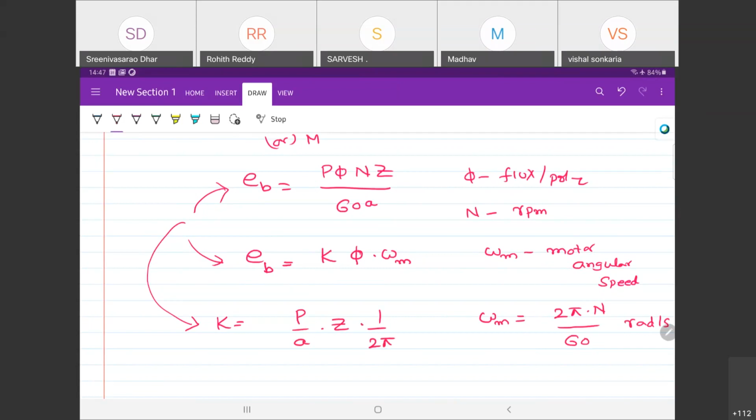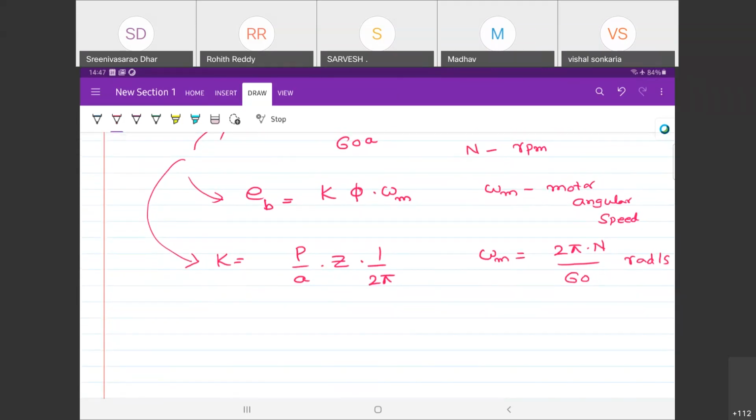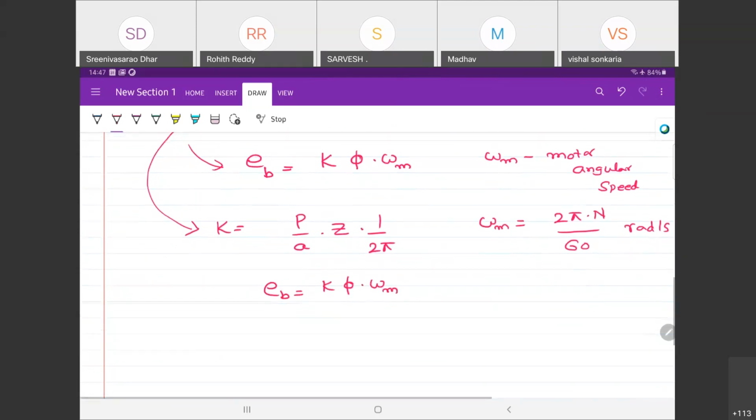So this is what is left. Agree? PZ by A into 2 pi, so that is K. So EB we have written as constant K into flux into angular speed omega m, right?